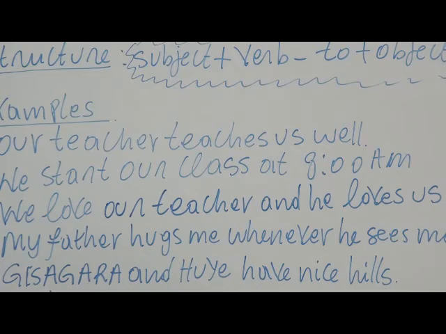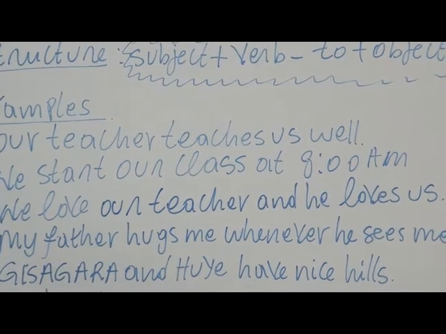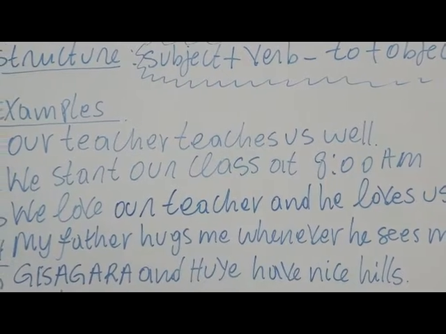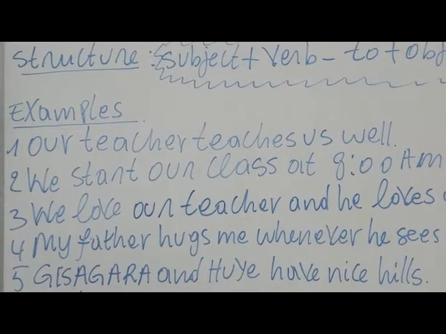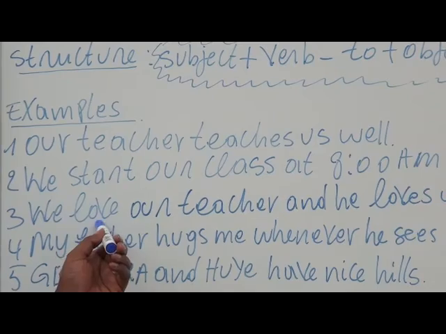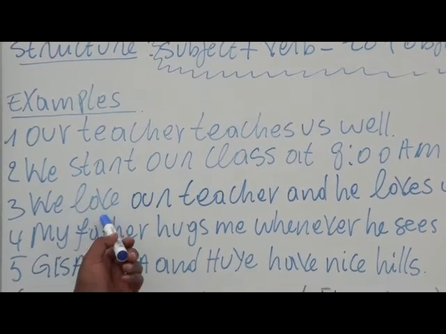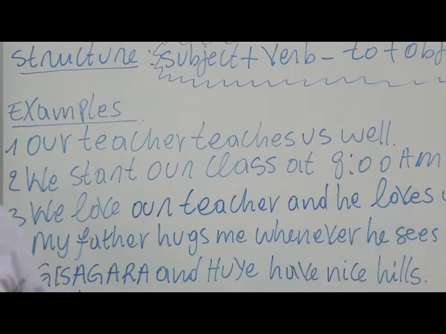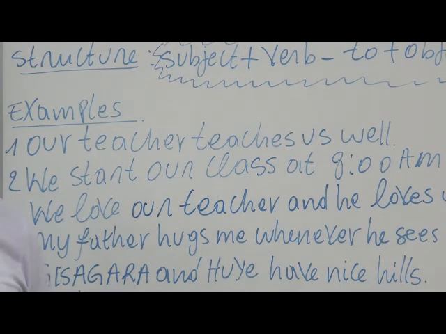We have two verbs. It's one verb conjugated in simple present, but it has been repeated twice. We love our teacher, this is simple present. And he loves us, this is also simple present of the verb to love.